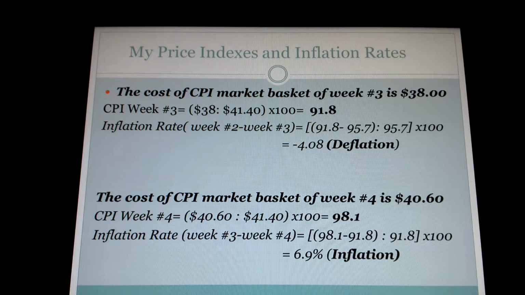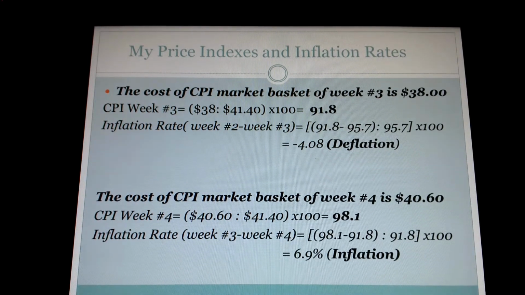So when we divide that by the base period, we have $38 divided by 41.40, and the result multiplied by 100 gives us a CPI of 91.8.